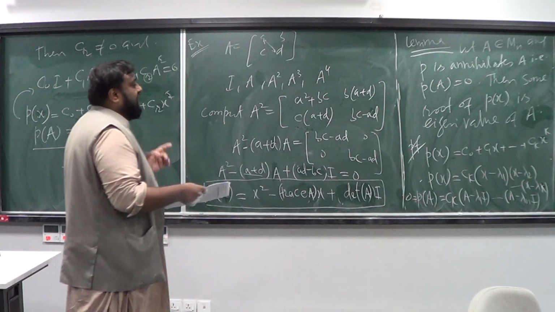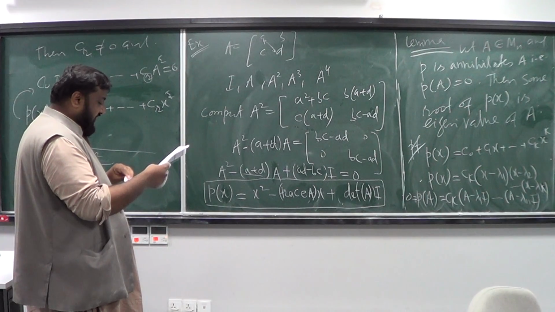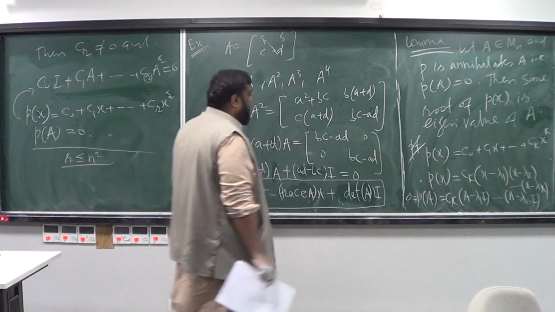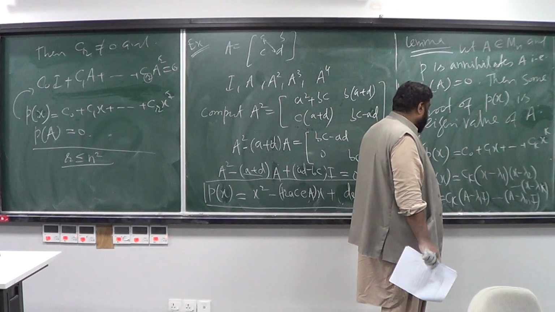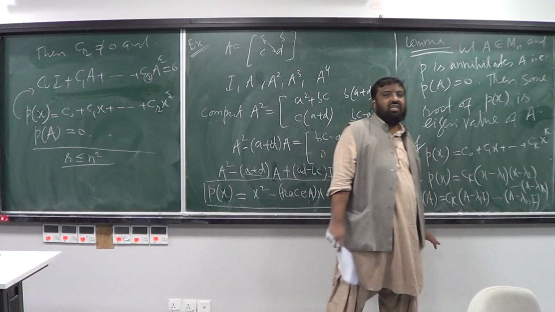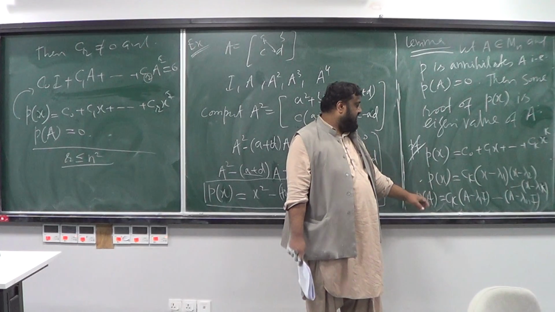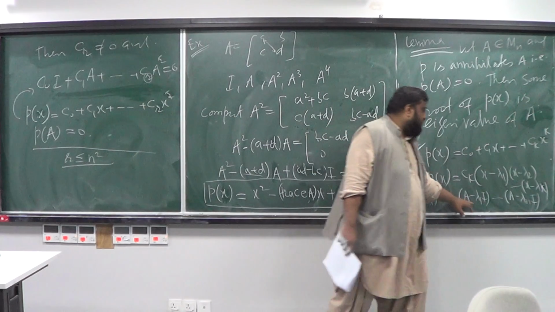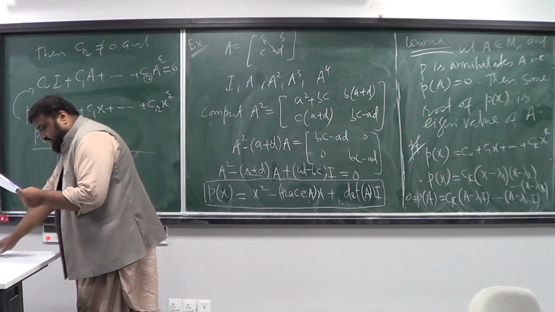And now if the product of these matrices is 0, and I know that P of A is not invertible, then at least one of these factors is not invertible. So what does this show?